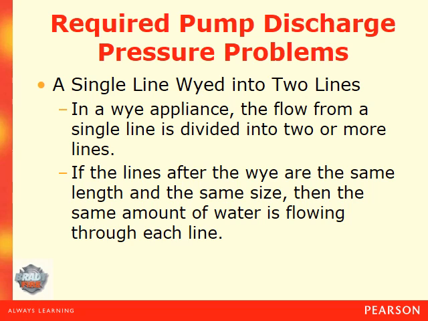So now let's look at our single line Y, which is one line, the larger line, divided into two smaller ones. In a Y appliance, the flow from a single line is divided into two or more lines. If the lines after the Y are the same length and the same size, then we only have to measure one side, because a Y is considered to divide the water evenly.